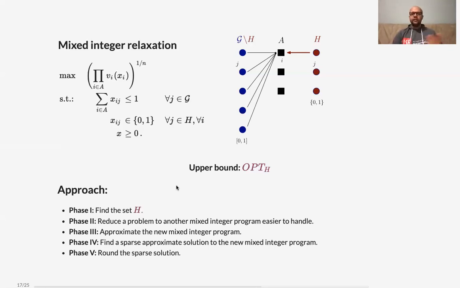Once we do that, I will tell you how to approximate this new mixed integer program. Then we will find sparse solutions to the new mixed integer program. And then finally, we are going to round our solution. So let's start with these 5 phases.